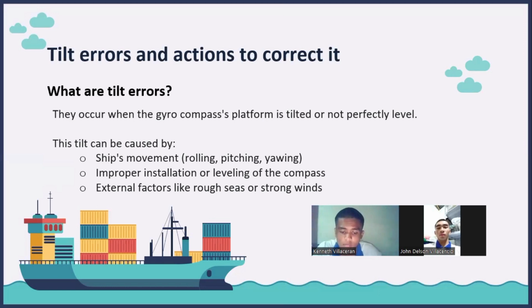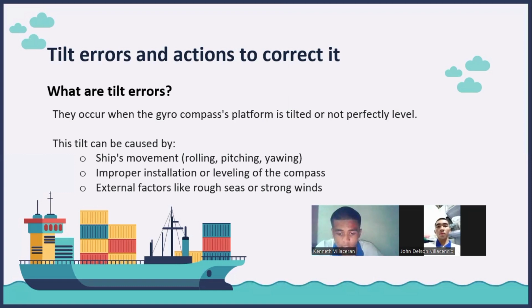Tilt error refers to a type of measurement error that occurs when a sensor or device is not perfectly aligned with the intended axis of measurement, in various fields including accelerometer measures.